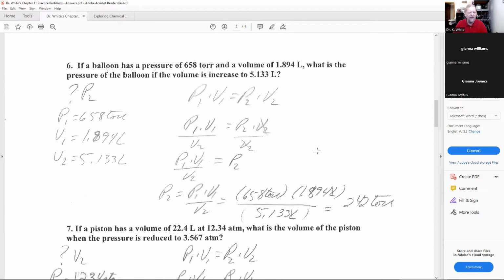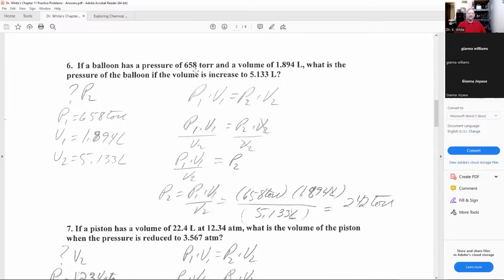All right, let's look at number 6. If a balloon, or it could have a piston like I have in 7, but let's look at 6. If a balloon has a pressure of 658 torr and a volume of 1.894 liters, what is the pressure of the balloon if the volume is increased to 5.133?